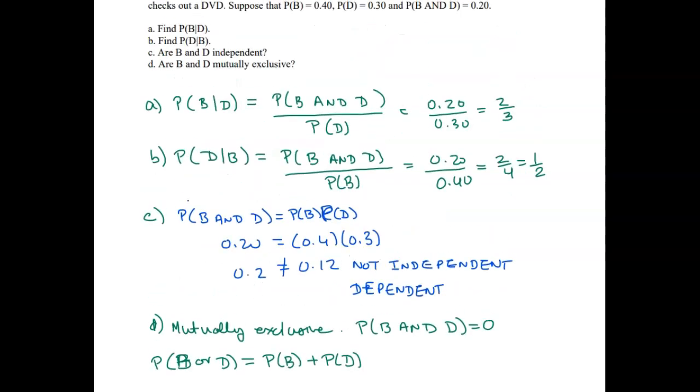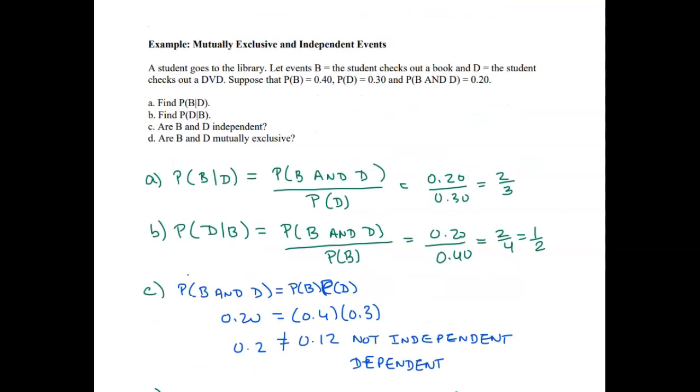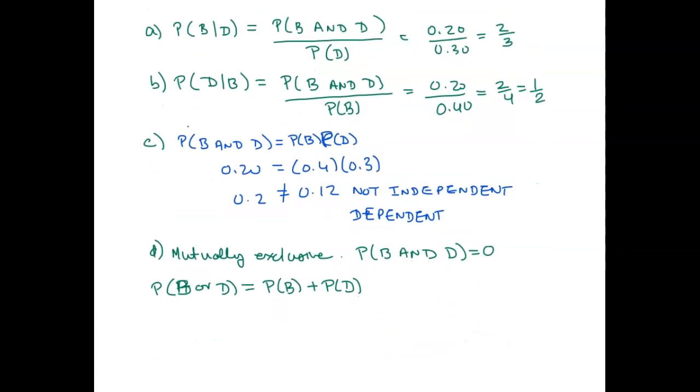Okay, so we can see that this is not equal to 0, so there is overlap between the two events. All right, so this is not mutually exclusive. So not independent, not mutually exclusive.